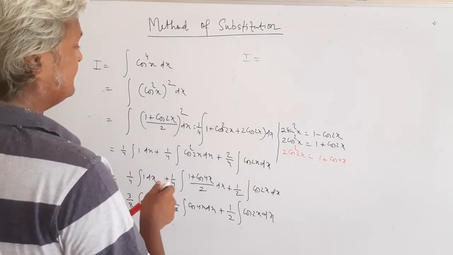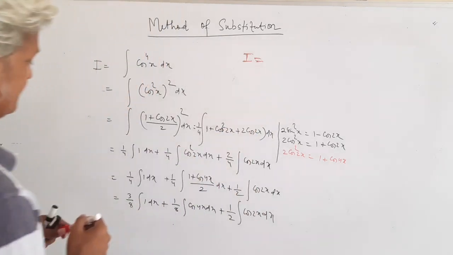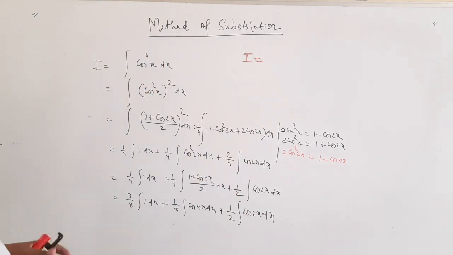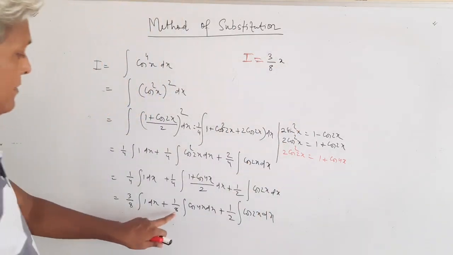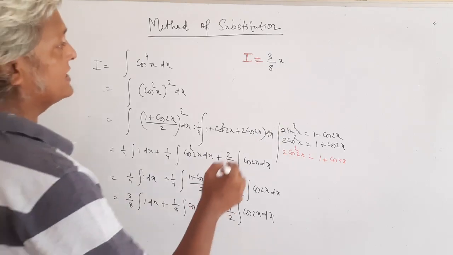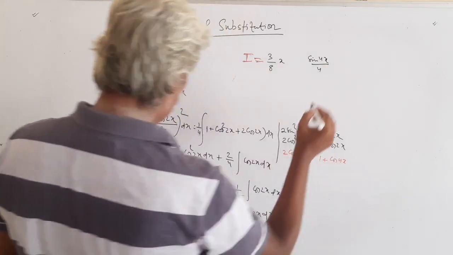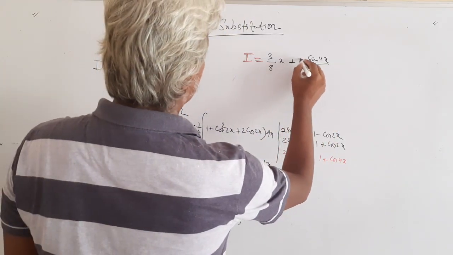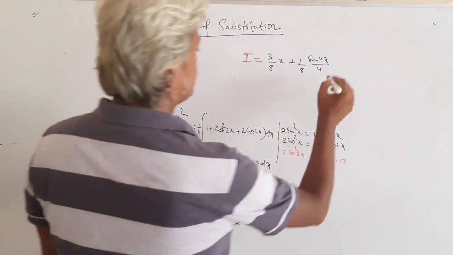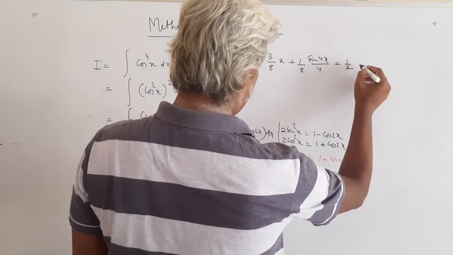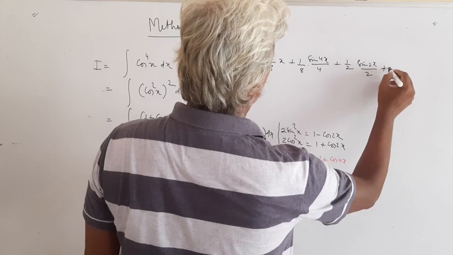So this I is 3 by 8 x plus 1 by 8 integration of cos 4x, which is sin 4x by 4, and then plus 1 by 2 integration of cos 2x, which is sin 2x by 2, plus c.